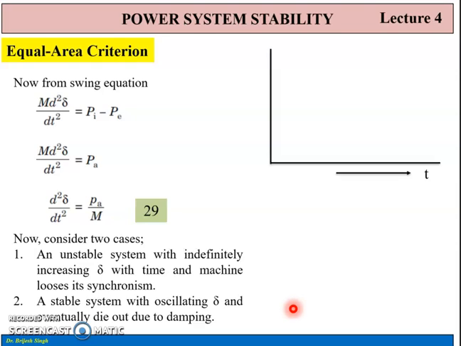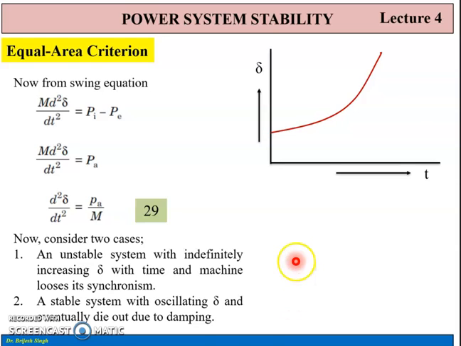In the first case the system is unstable, so we say it loses synchronism.